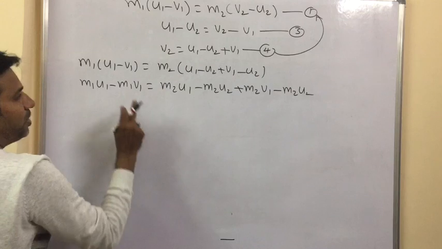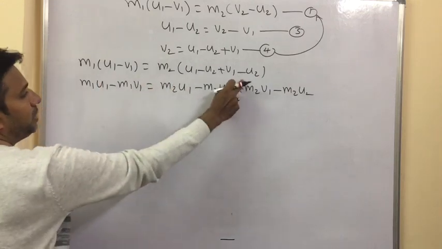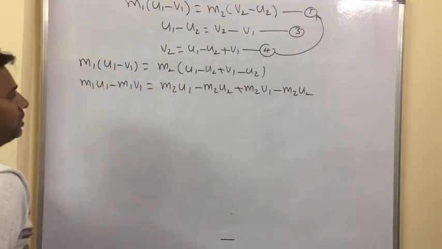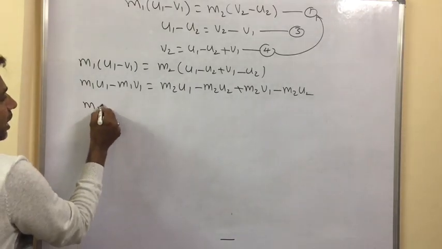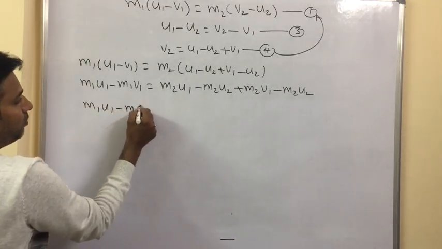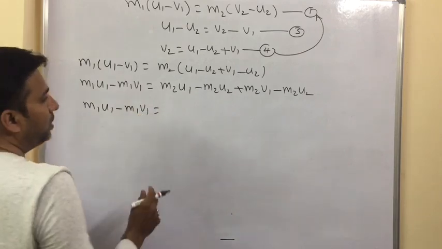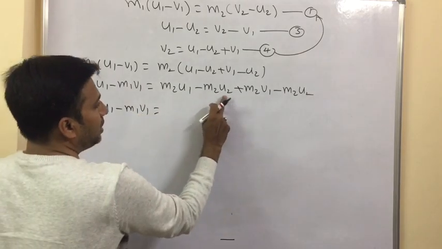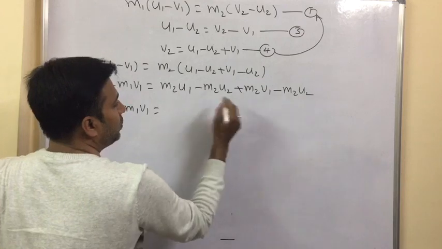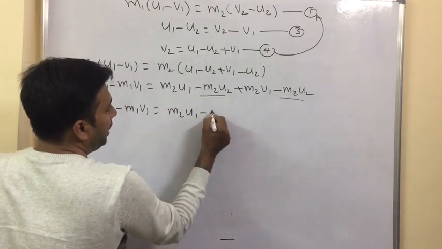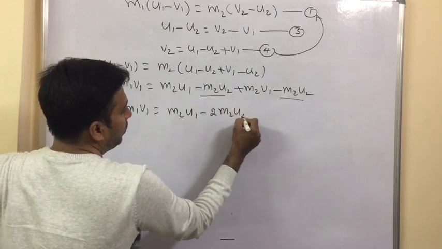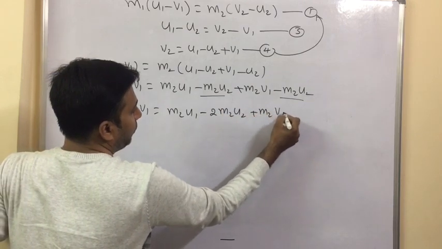Here we have multiplied each term with m2 on the right side and each term with m1 on the left side. Next step: m1u1 − m1v1 is equal to, here minus m2u2 is there, minus m2u2, so we can add them. So m2u1 − 2m2u2 + m2v1.